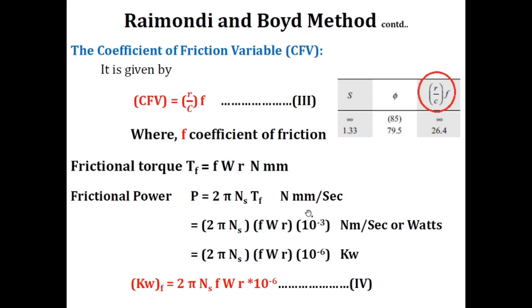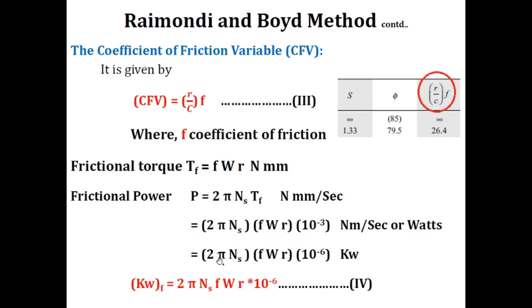We convert it into Newton meter, so multiply by 10 to the power minus 3. So Newton mm becomes Newton meter, and this Newton meter is nothing but a joule, and joule per second is watts.